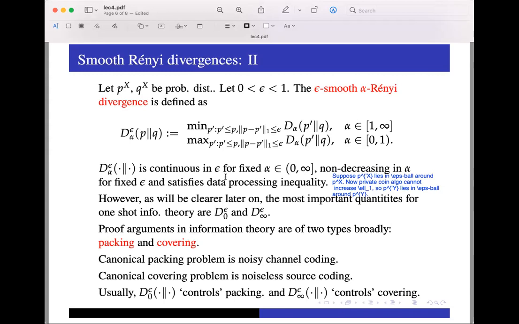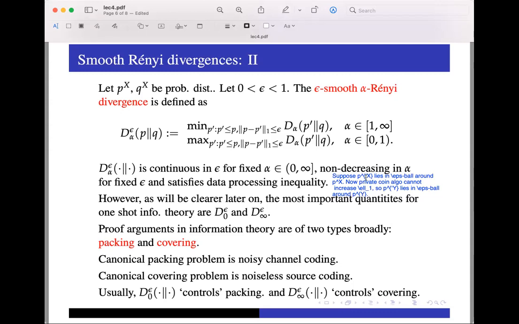So I have distributions Px and Qx. There's a private coin algorithm which maps symbols in X to probability distributions over symbols in Y. So if I start off with the probability distribution Px and apply the private coin algorithm, I'll get the probability distribution Py here. Then if I start off with the distribution Qx and apply the private coin algorithm, I'll get the distribution Qy out.